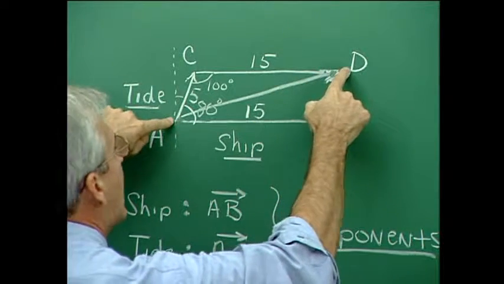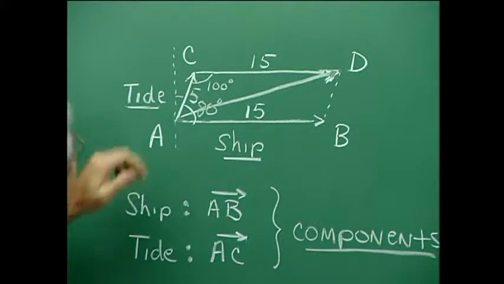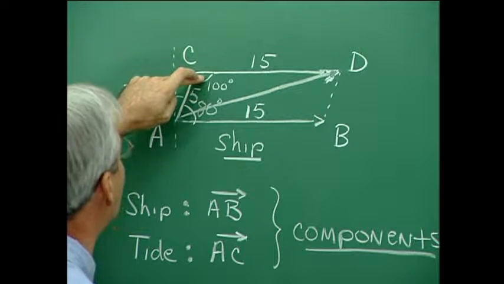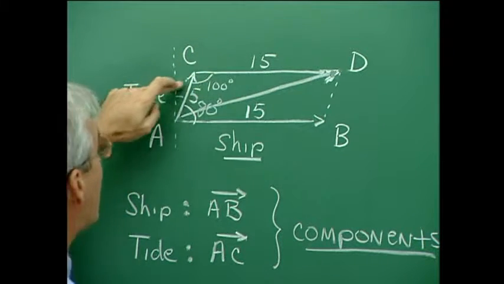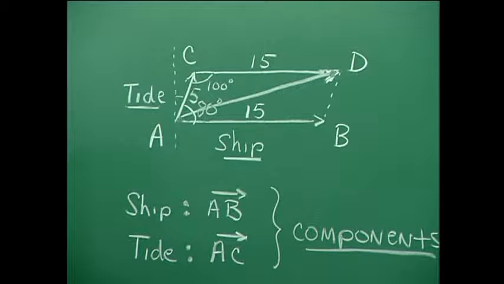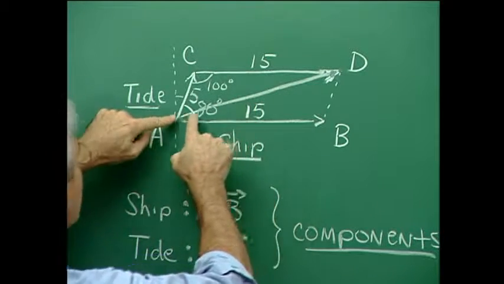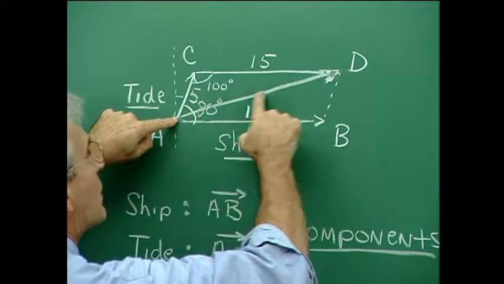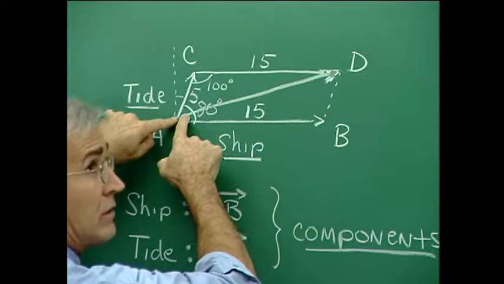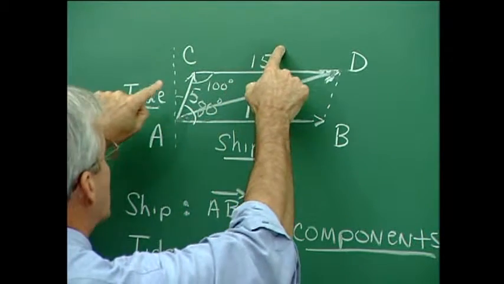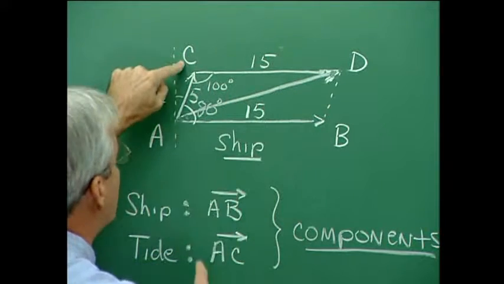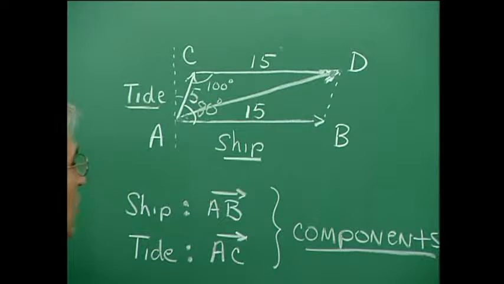We have information about two sides and an angle which is not related to either of those sides. So we can use the law of cosines. We're identifying this as our target that we want to solve for. So AD squared is equal to the sum of the squares of the other two sides minus 2 times each of these times cosine of that angle of 100 degrees.